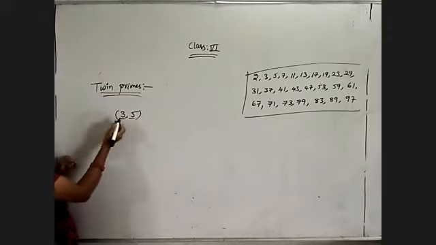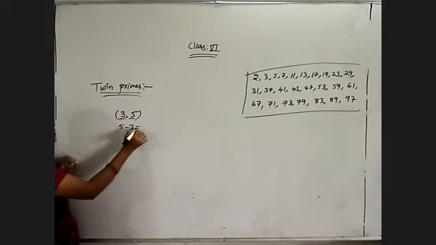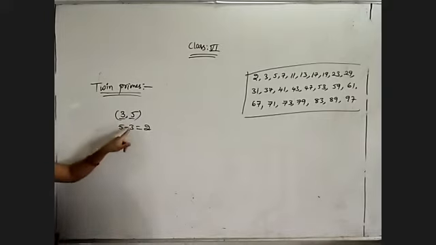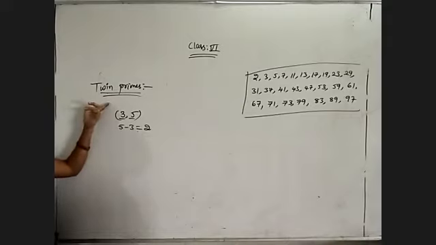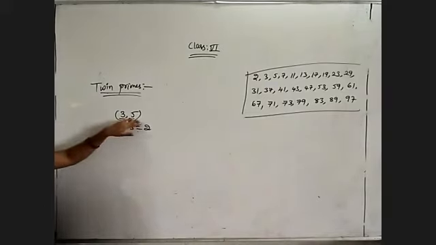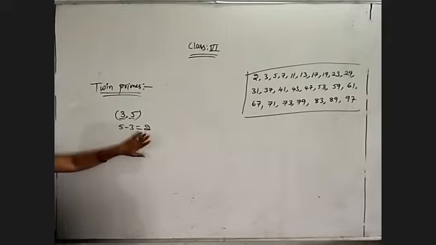The difference is the greater number minus the smaller number. 5 minus 3 is equal to how much? 2. Two prime numbers whose difference is 2 are said to be twin primes. Besides being prime numbers, their difference must be equal to 2. Then they are said to be twin primes.